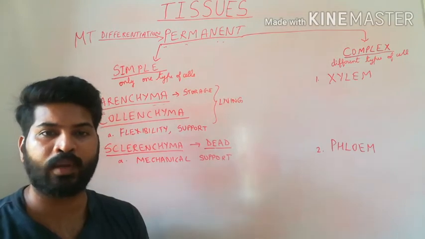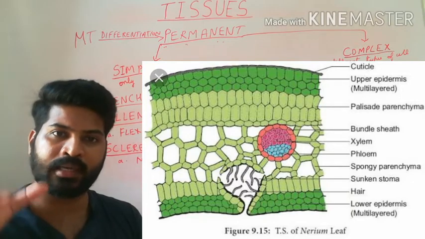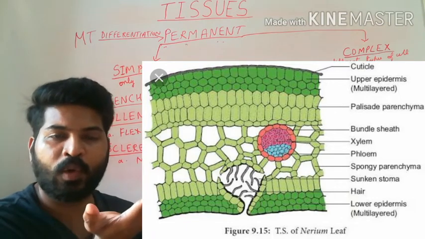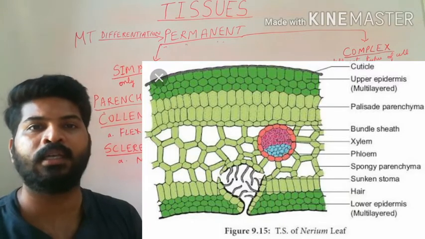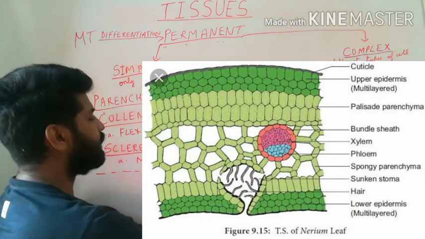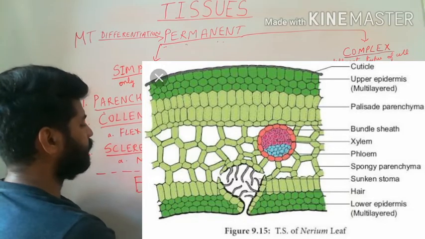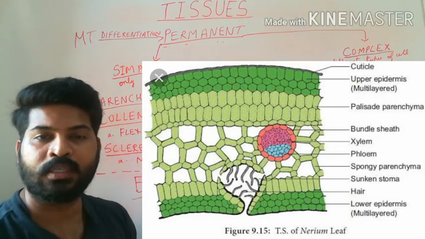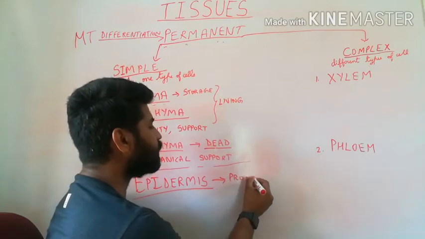This outermost covering, which is present everywhere in the plant body, outside the stem, outside the leaf, on the upper surface as well as the lower surface, and as outer covering in roots, is called as the epidermis. So epidermal layer of cells are present in the plants. Because they are present on the outermost surface of the plants, their main function is protection.